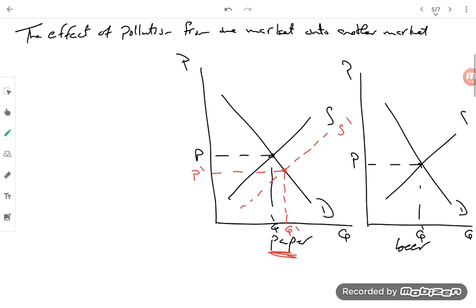This causes a higher cost of prevention. So the cost of production is going to increase, and the supply curve is going to shift to the left. And we have a new equilibrium point at Q dash and a higher price P dash.